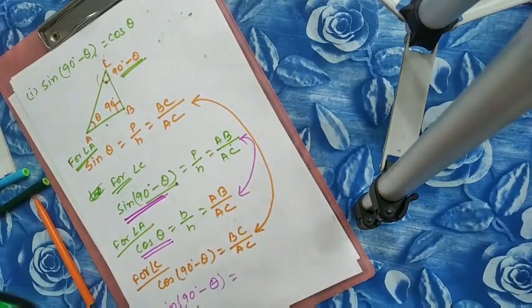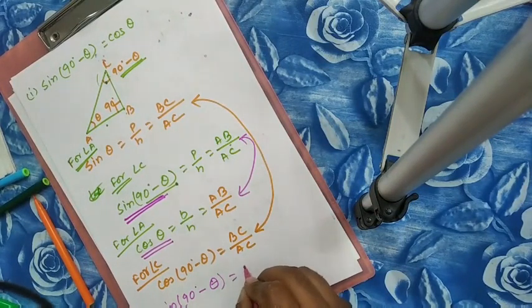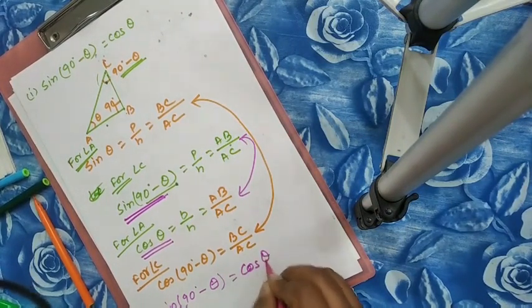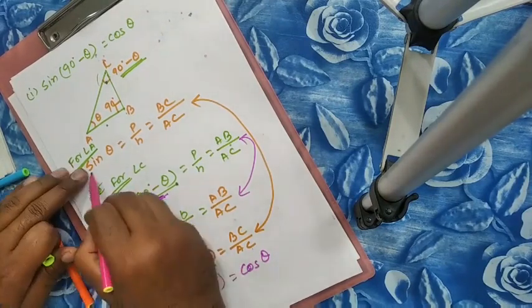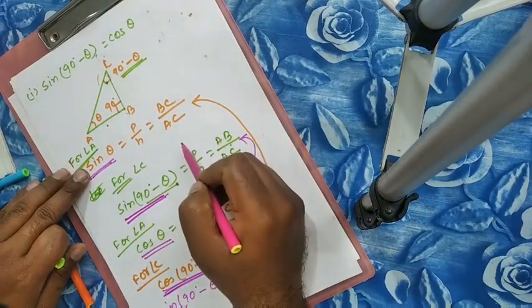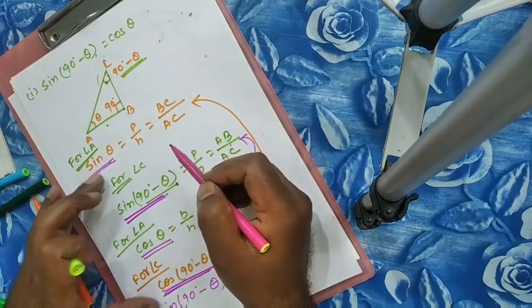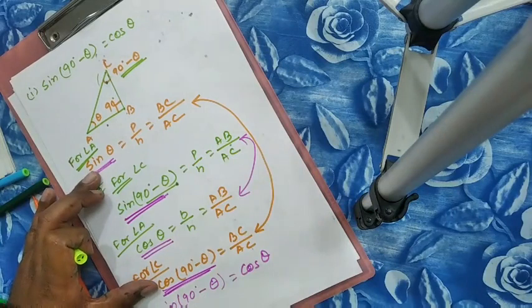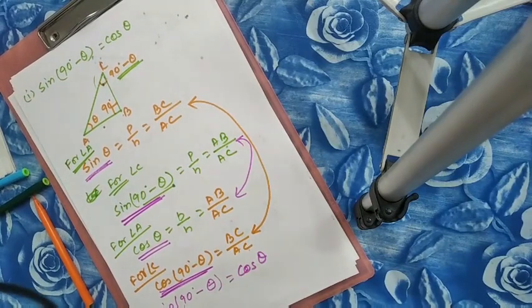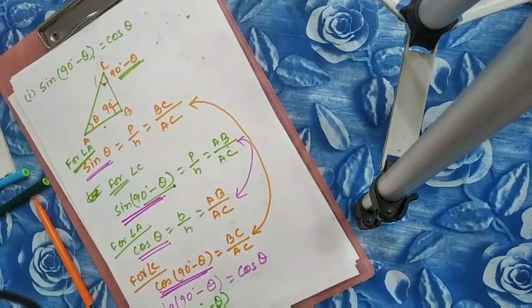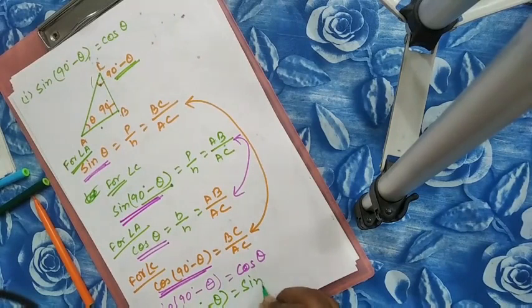Like that, we can see that cos(90 degrees minus theta) is BC by AC and sin theta is BC by AC. Therefore both these equations are also equal, so we can write cos(90 degrees minus theta) is equal to sin theta.